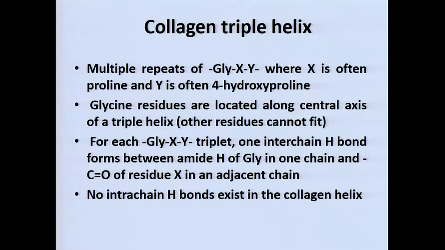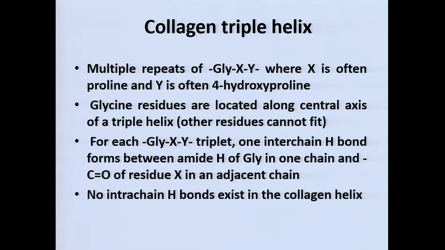There is only glycine which is present in this helix, which can form the hydrogen bond. So for each glycine-X-Y triplet, one hydrogen bond forms between the amide of glycine in one chain and the carbonyl of residue X in the adjacent chain. So they have the hydrogen bonding present in one of the glycines in one chain and the carbonyl group of proline in the adjacent chain.